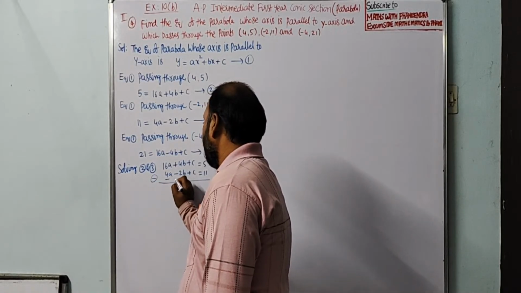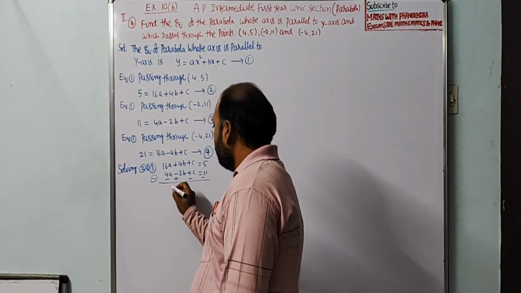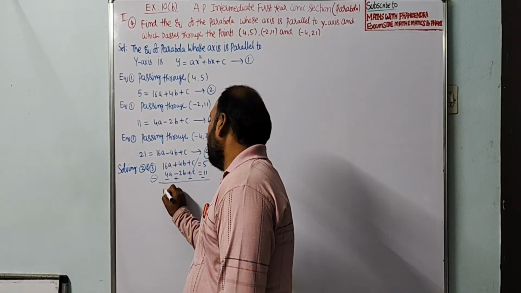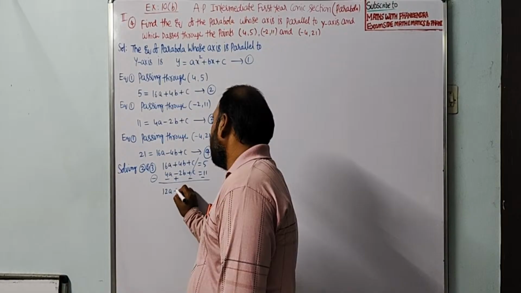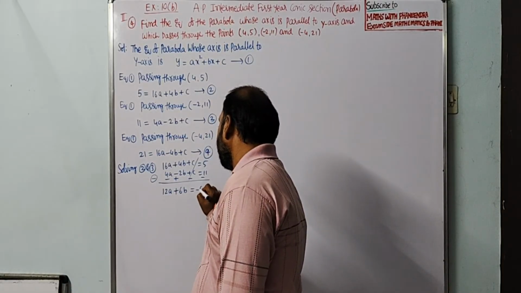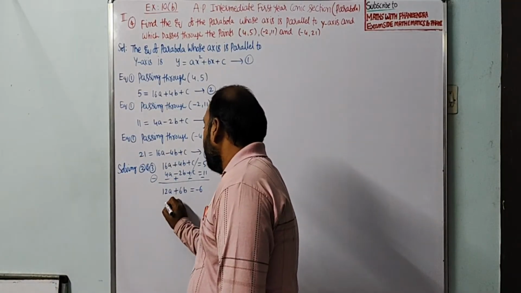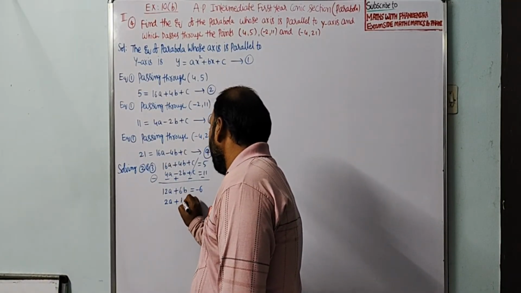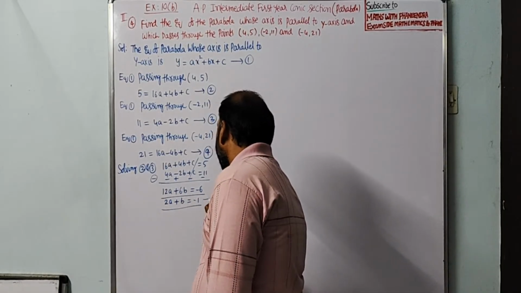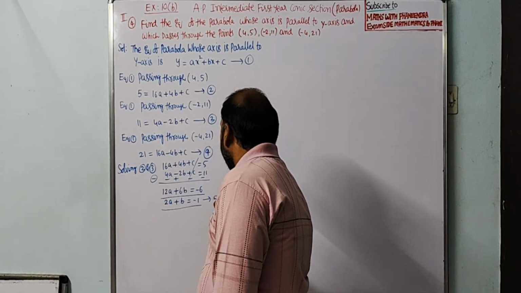Subtract one equation from the other. So plus c minus c cancel. 16a minus 4a, 12a plus 6b is equal to minus 6. Dividing by 6, 2a plus b is equal to minus 1. So keep that as equation number 5.